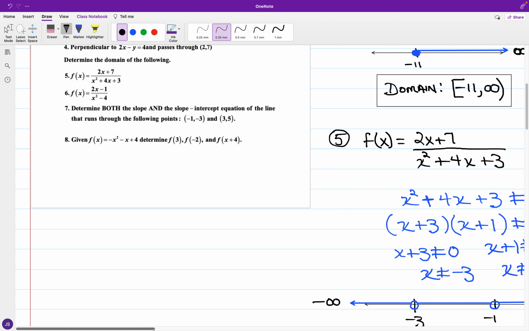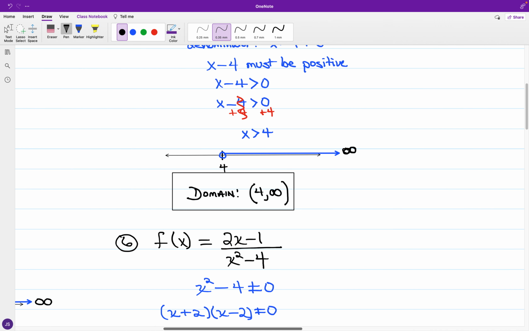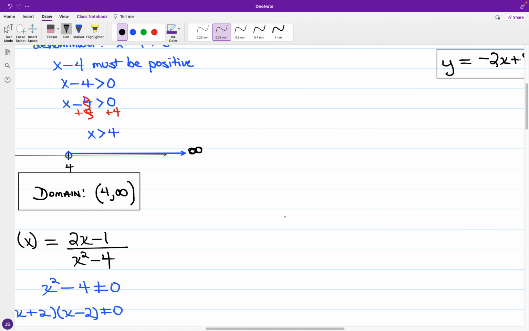So for problem number 7, the line is going to pass through negative 1, negative 3, as well as 3, 5.